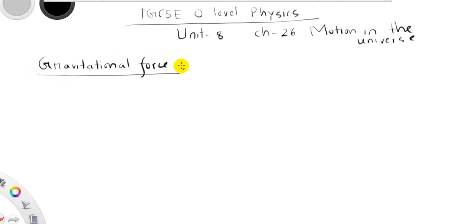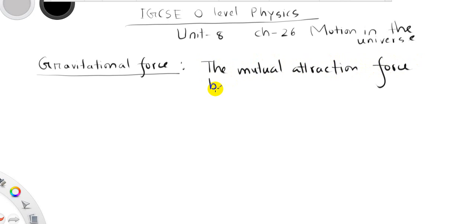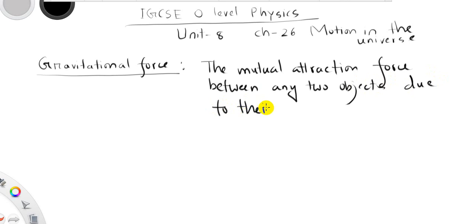The mutual attraction force between any two objects due to their masses is called gravitational force.